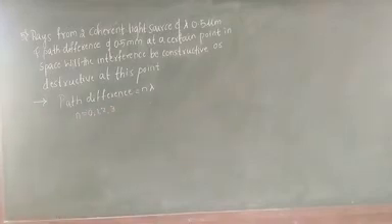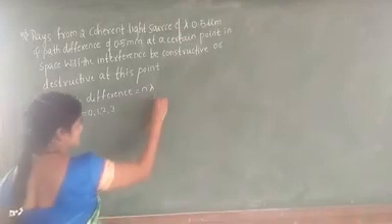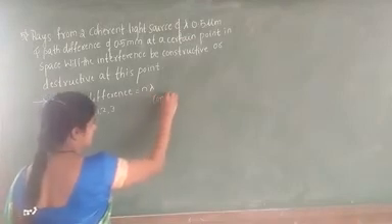According to the path difference, we have taken the formula as n into lambda, where n is equal to 0, 1, 2, 3, and so on. This is for the constructive interference. Here we are considering the constructive interference.